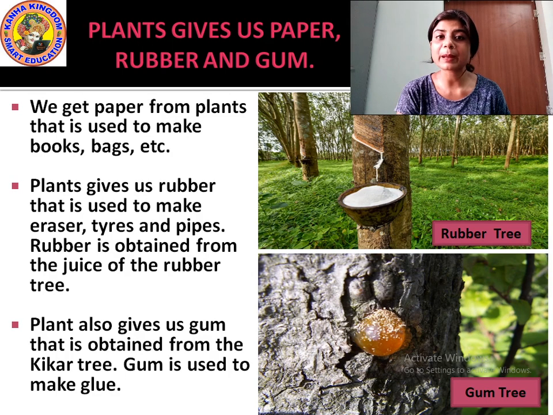We use paper to make books and bags, etc. Rubber is obtained from the juice of the rubber plant and is used to make erasers, tires and pipes. Plants also give us gum, obtained from the kikar tree, that is used to make glue.